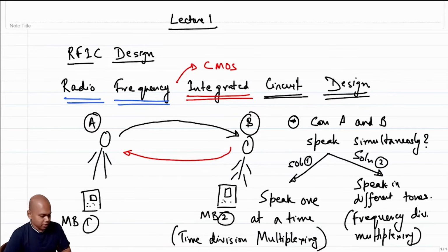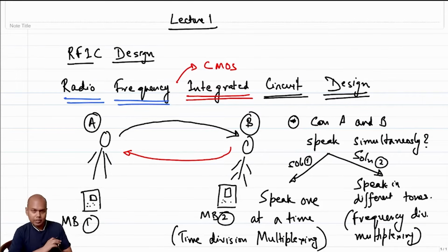And speaker A, instead of shouting at speaker B every time, will be dialing something on mobile phone 1, and person B will be listening through mobile phone 2, right?